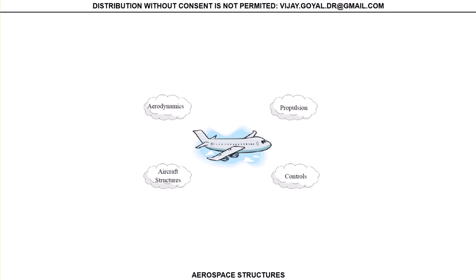So when we design airplanes, think about this. There are many, many different factors and criteria that are used when we design a plane. The first one is what we call aerodynamics.